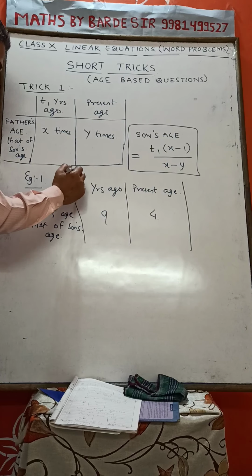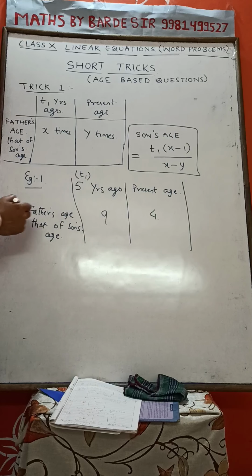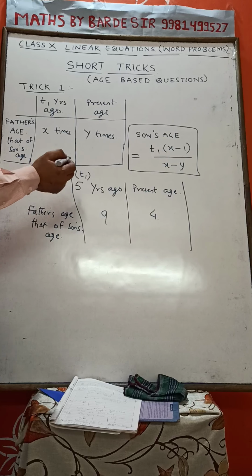So in this, see, this is T1. You have to find both father's present age and son's present age.